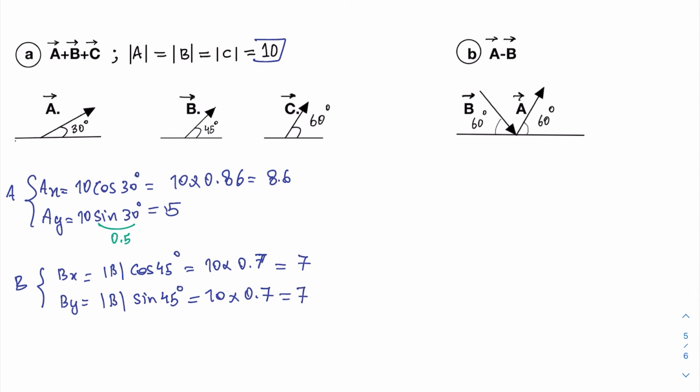So about vector C, again I will split it into two components, Cx, Cy, or horizontal component, vertical component. 10 times cosine 60 degrees, 10 times sine 60 degrees.